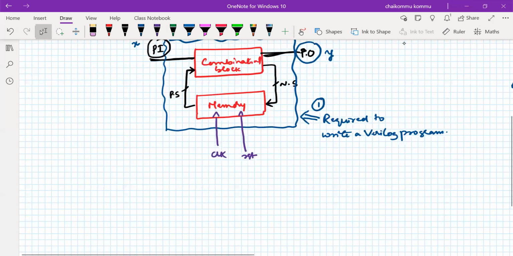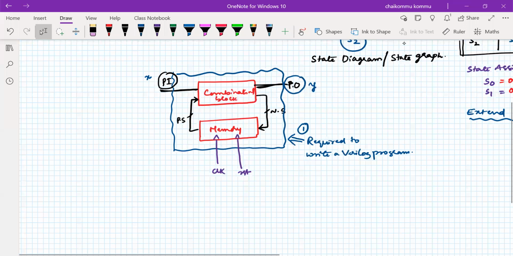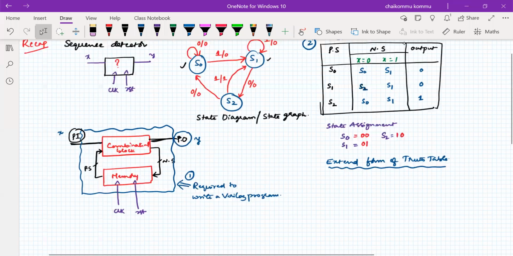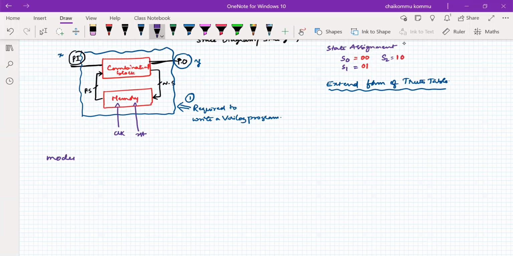Only 2 or 3 steps I will write, and accordingly you are able to write the program. For example, let us write a module here: sequence detector using behavioral modeling, or I can say the sequence detector of 10101, for example.